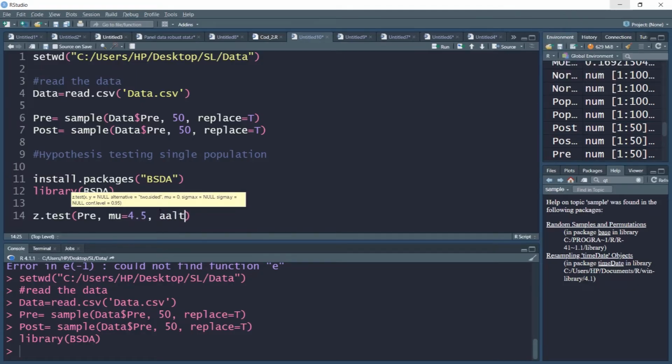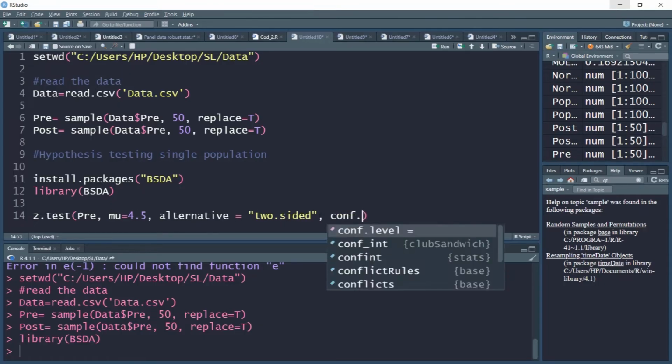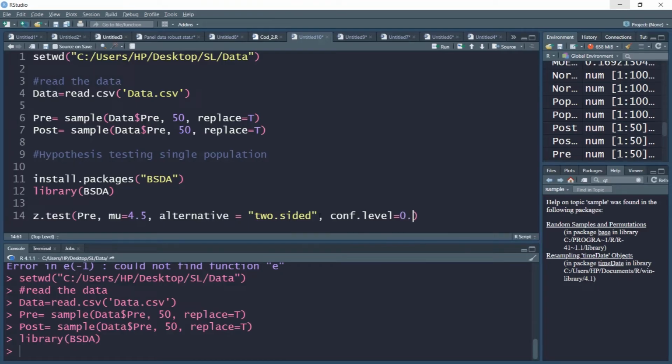And then we also state the alternative hypothesis, which is the two-sided case, so we are putting two.sided. That is, the mean can be either less or more as well. We also state the confidence level, which is 0.95. That means the significance level is 1 minus 0.95, which is 0.05.